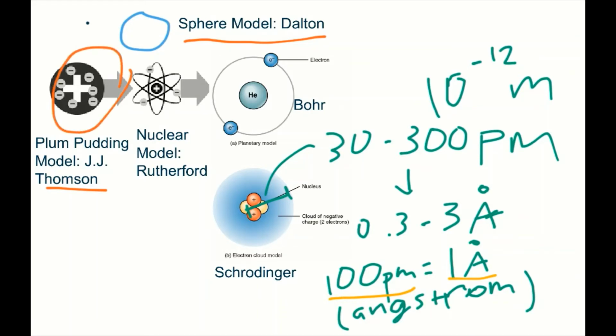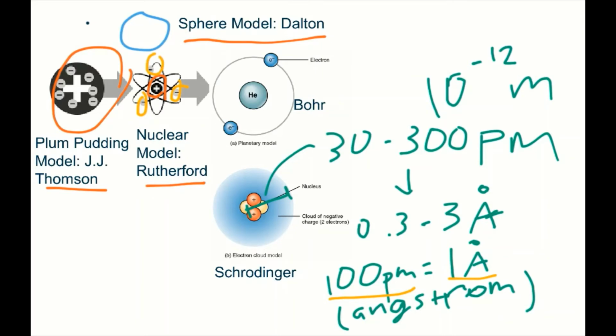Now we get into 1911, where Rutherford, the guy who discovered the proton, thought that the atom was basically just empty space, but with one super dense and super small positively charged nucleus in the middle. And the rest of the empty space just had electrons floating around, as shown here.